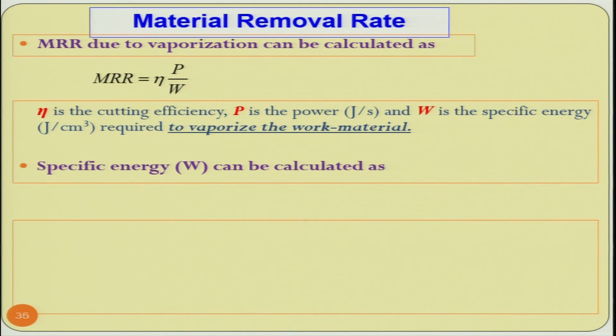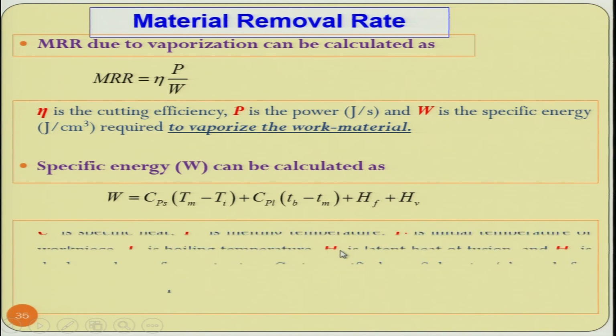The workpiece material first gets melted and then only it gets vaporized, and specific energy can be calculated by this particular formula. Here is the specific energy you are using in this particular equation. So, this is nothing but W equal to C P S into (T m minus T I) plus C P L into (T V minus T m) plus H f plus H v. Now, this is an important equation.